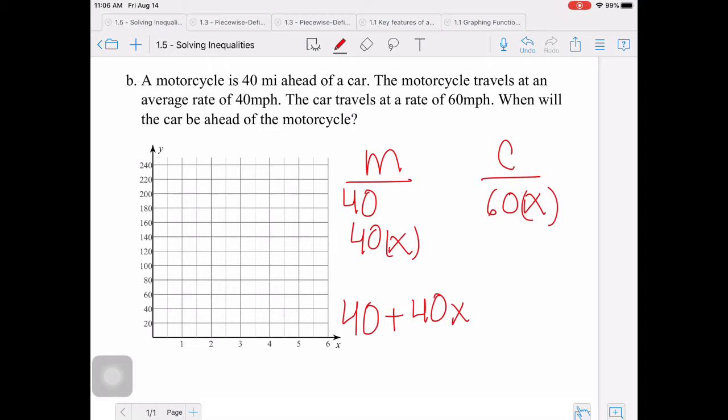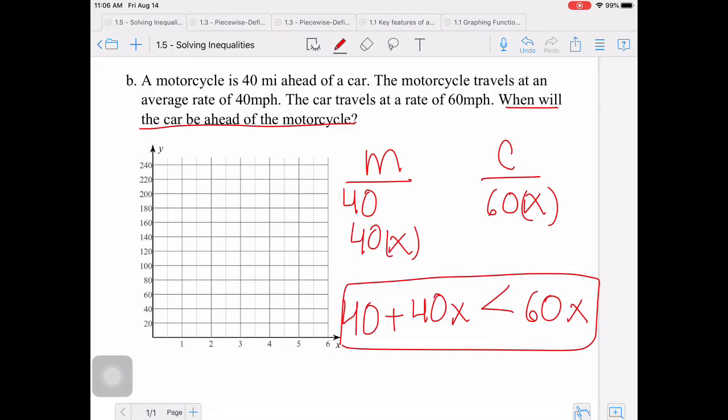The car, I know that it's barely starting, and it's going to drive at a rate of 60 miles per hour. So the question is, when will the car be ahead of the motorcycle? I want to know when the car is going to be greater than the motorcycle. Cool. So there's my inequality.